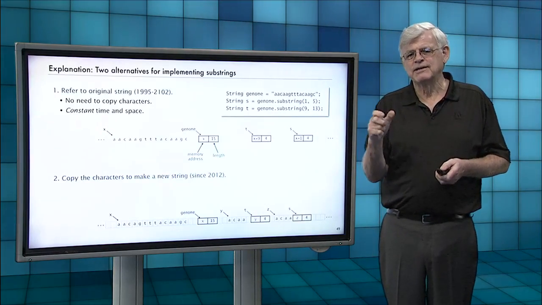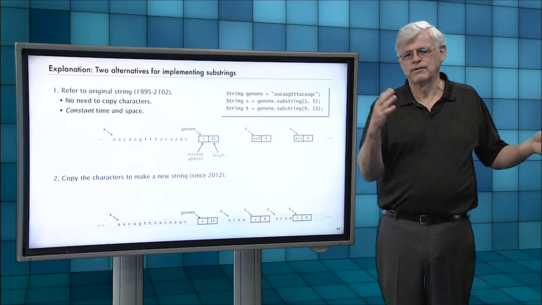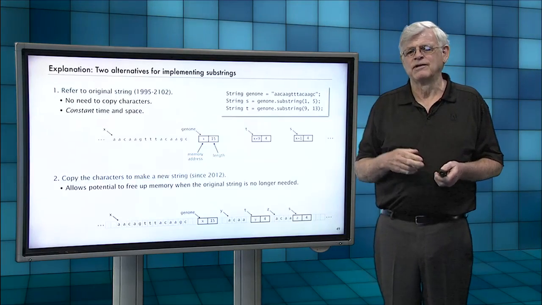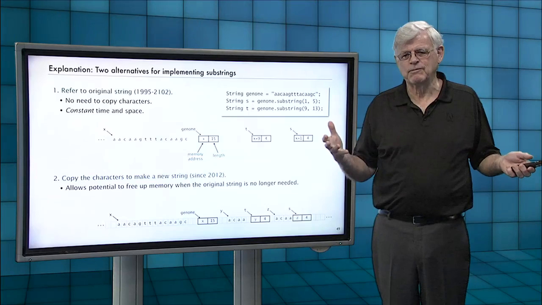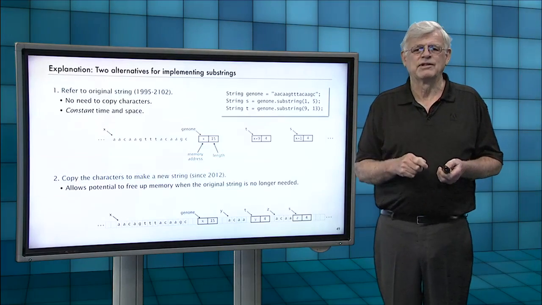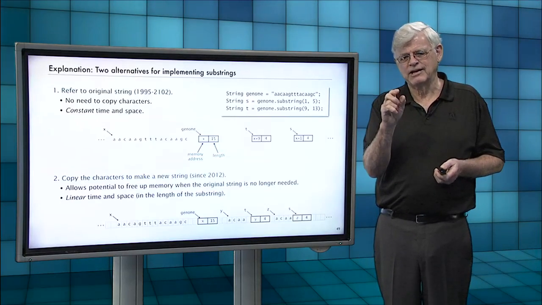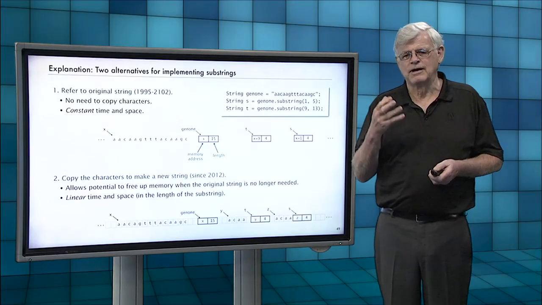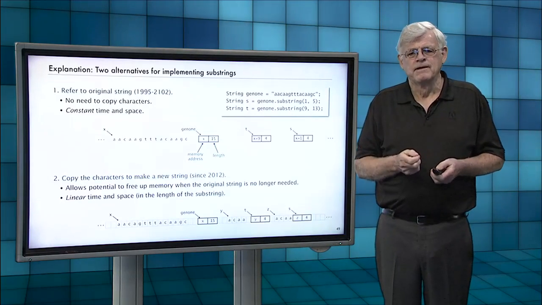Even though they only needed a small number of characters, Java couldn't reclaim the memory for the original huge string because of this organization. So it allowed the potential to free up a lot of memory when the original string is no longer needed. But unfortunately, what we saw is that this requires linear time and space to implement substring. And that's why our programs broke.